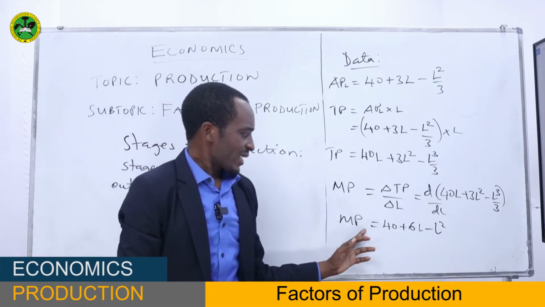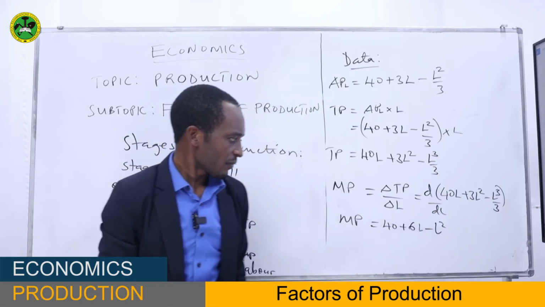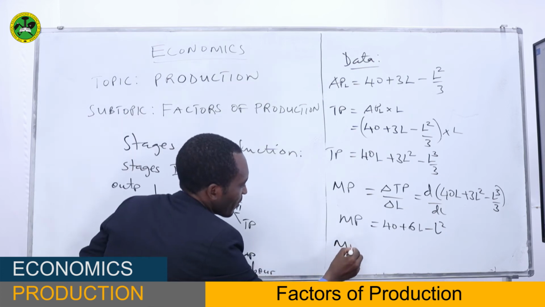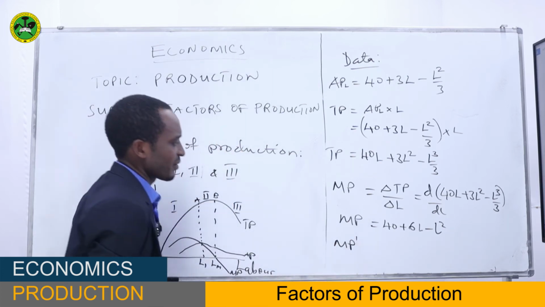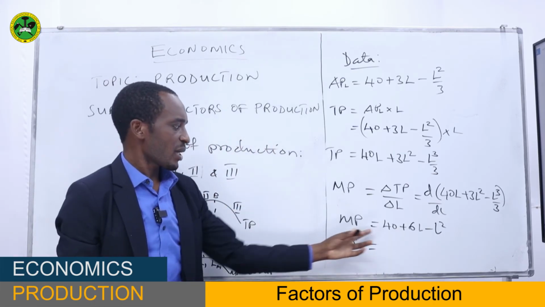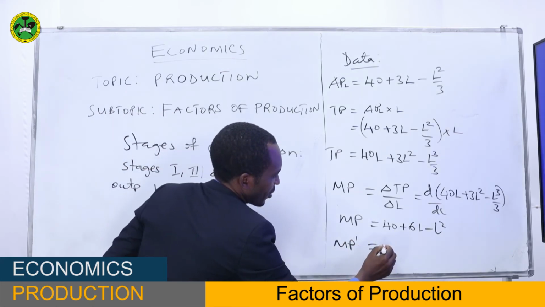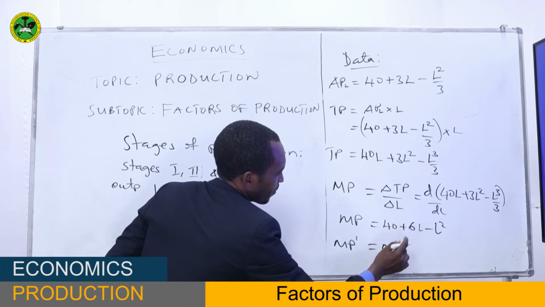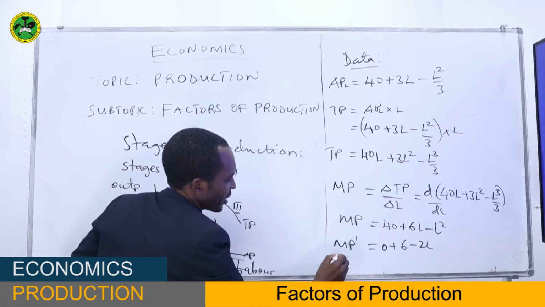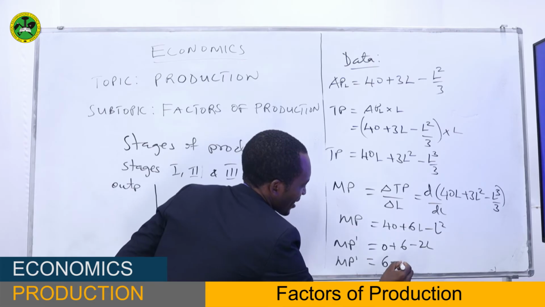Now, when this is at a maximum, it means you need to find the second derivative of the marginal product. So when you find the marginal product's second derivative, you need to differentiate this one again. So when you differentiate, this constant will be equal to 0, then plus 6 minus 2L. So the second derivative will be equal to 6 minus 2L.